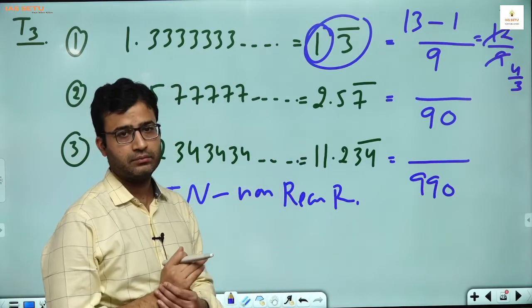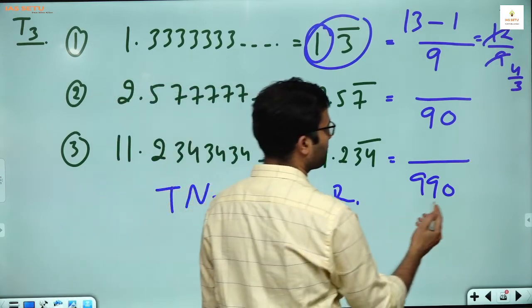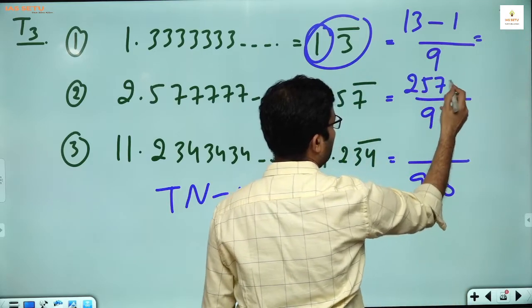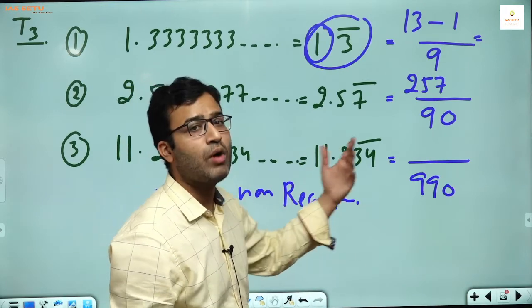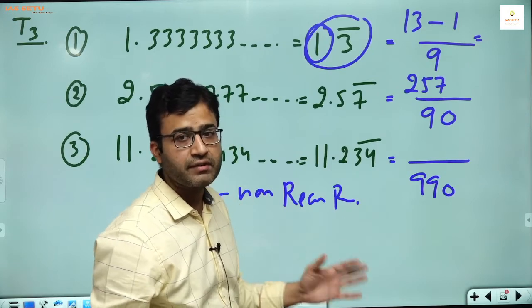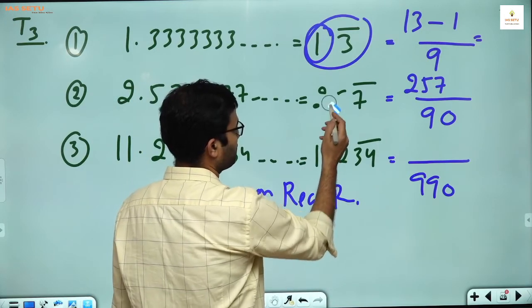Second question, I have seen what students do. Total number is 257. After 1 or 2 months, they do 257 minus 2, sometimes minus 7 or minus 57. See here, ignore the decimal.